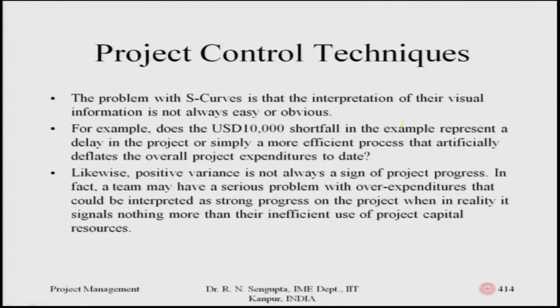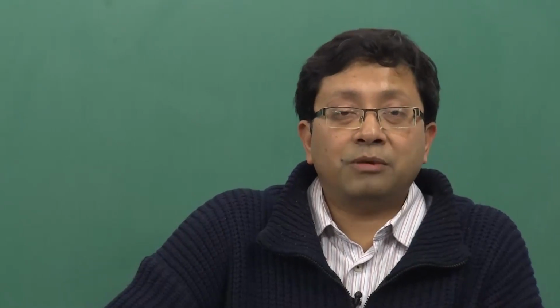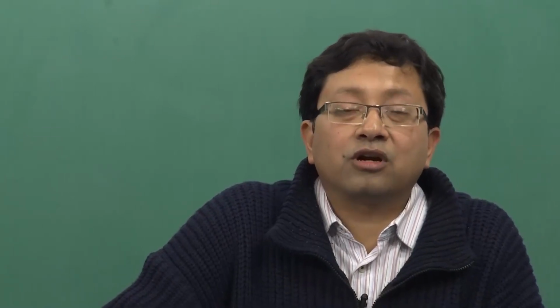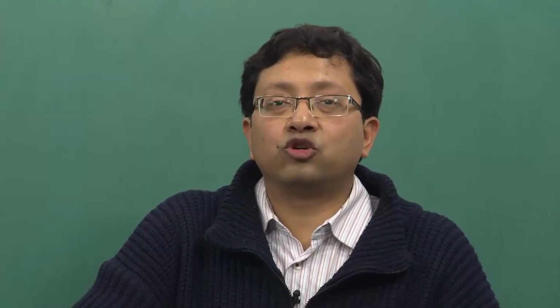If you utilize your resources in a very big way in the initial stage, you may think you are able to finish the work much earlier, but in the end, when you analyze your problem with respect to cost and time, you may have saved time, but the overall cost may have shot up by a huge amount, such that it will have a negative effect on your total budgeting and cost-benefit analysis for the project.